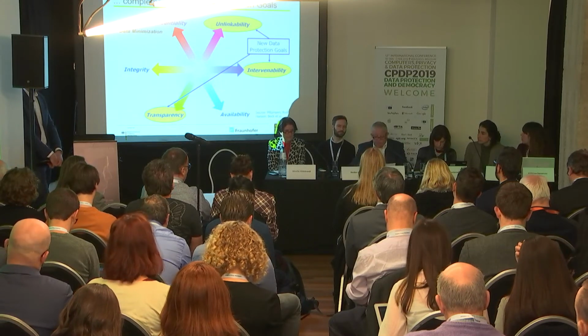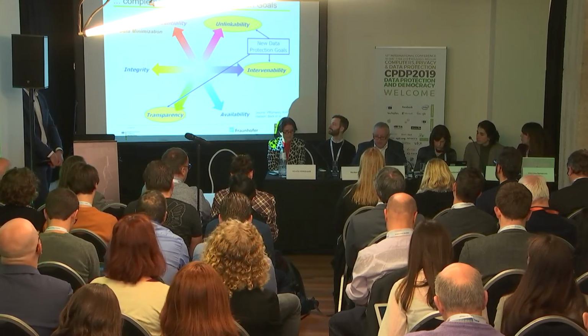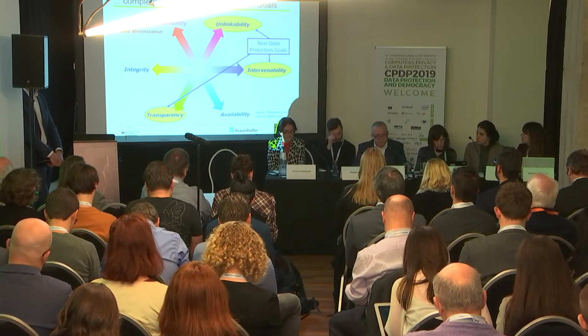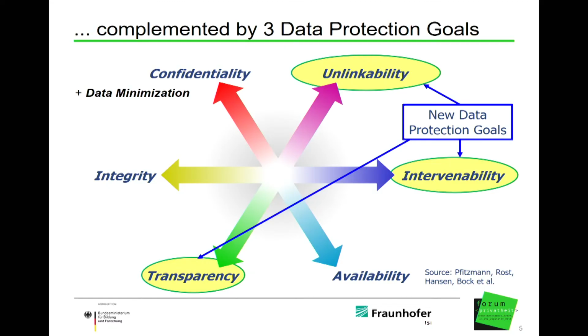And the third principle then is intervenability. Data subjects know what's being done, and then we have the property that data subjects can intervene in all possible things, ongoing or planned privacy-relevant data processing, so that they have user controls, rectification, erasure of data, and all the things that we can pretty easily link to the Article 5 principles.